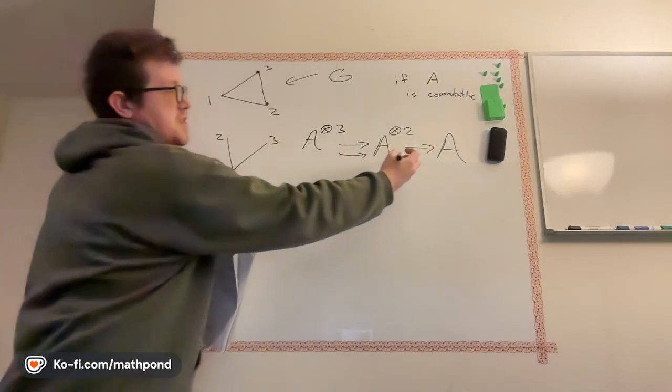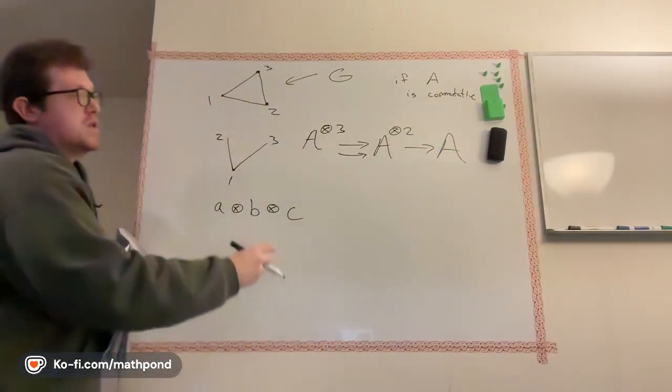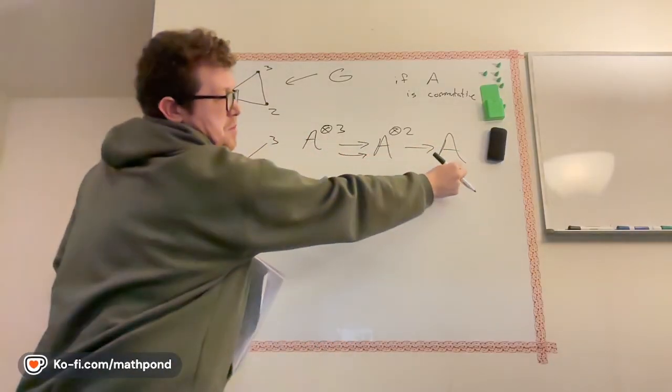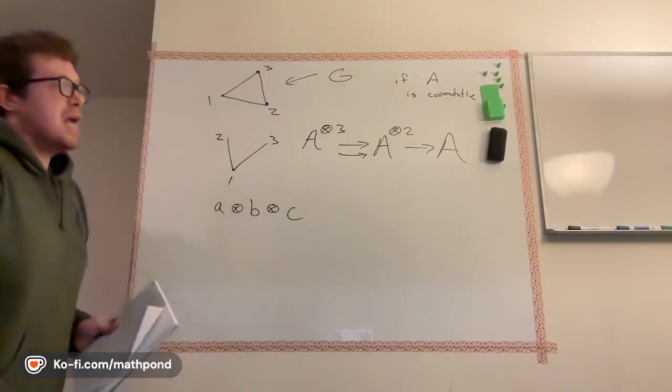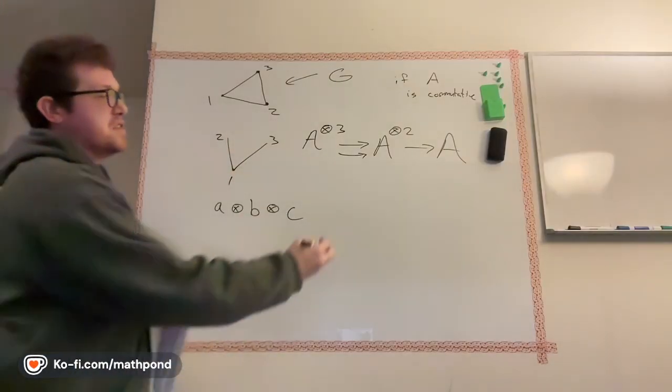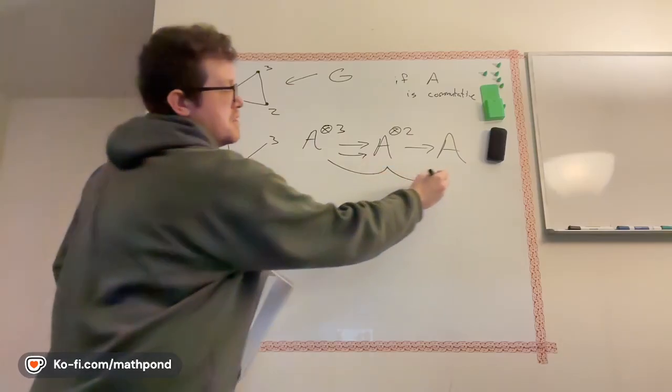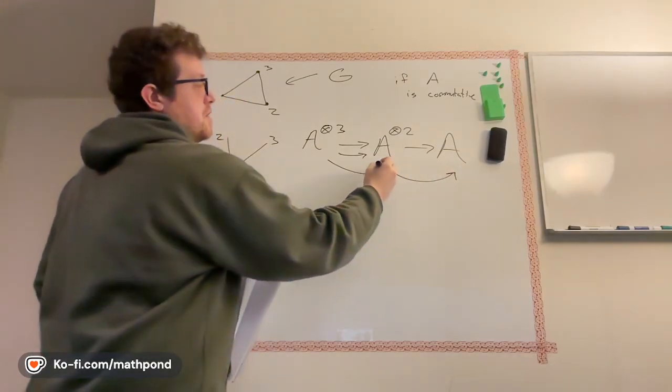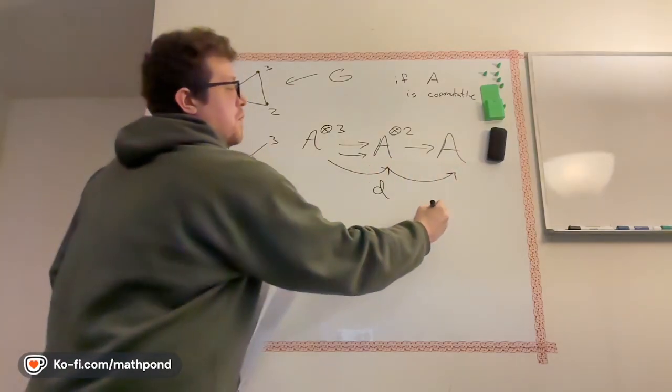And then once I do the first multiplication, I'm going to have another multiplication here to get to here, and it's supposed to cancel out. So we want d squared to be 0. Every time we go here, it's another application of d, and we want d squared equals 0.